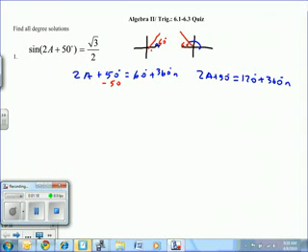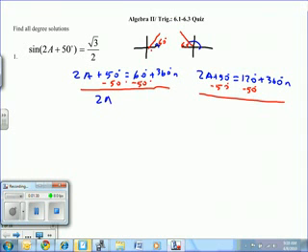So we're going to subtract 50 from all of these. And you get 2a equals 10 degrees plus 360n. And over here you're going to get 2a equals 70 degrees plus 360n.